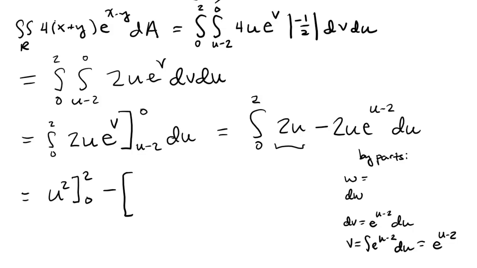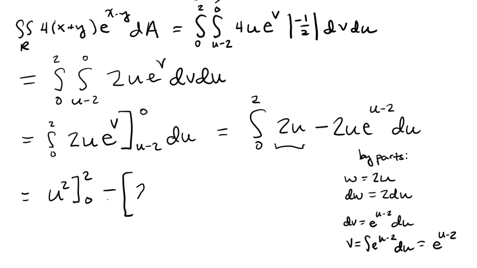Choosing dv to be e to the u minus 2 du leaves that w is 2u. Notice I put the negative out front, so I'll hang on to the negative for later. So then the w being 2u makes dw 2 du. So then our by parts, our normal formula is uv minus the integral of v du. So instead we'll have wv.